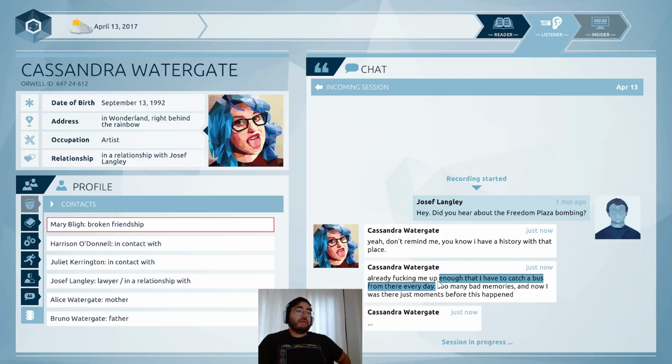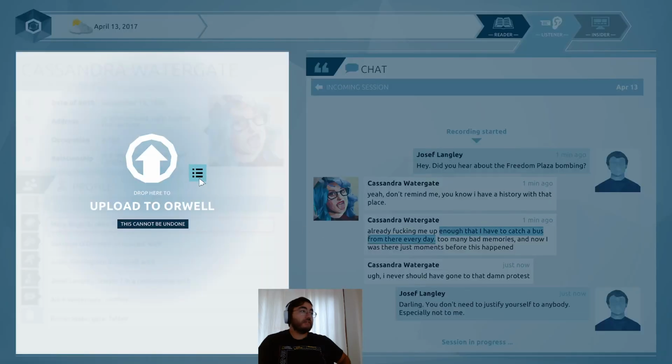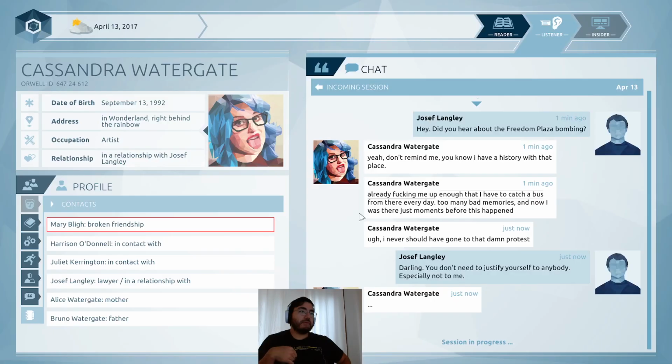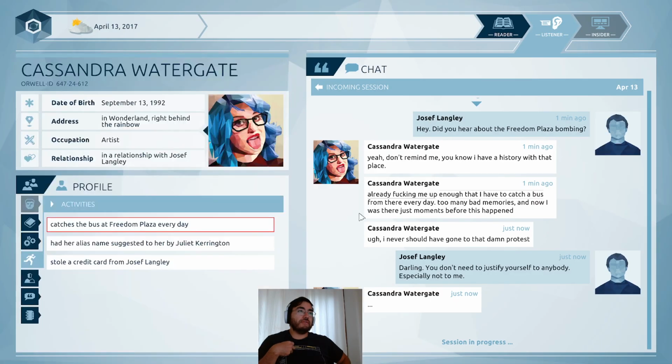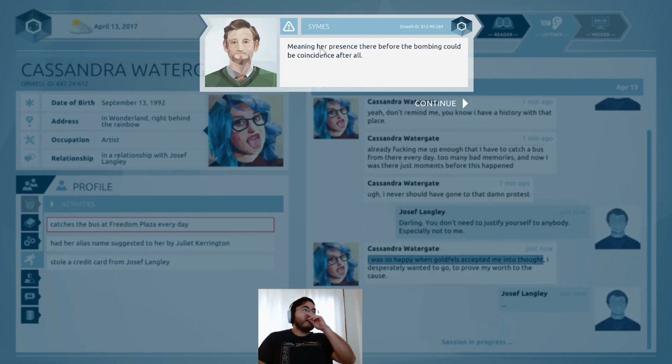Already messing me up enough that I have to catch a bus from there every day. Too many bad memories, and now I was there just moments before this happened. Interesting. So she's saying she has to take a bus there every day. So maybe her being there was a coincidence. Meaning her presence there before the bombing could be a coincidence after all. I'll reserve my thoughts until you find more evidence.